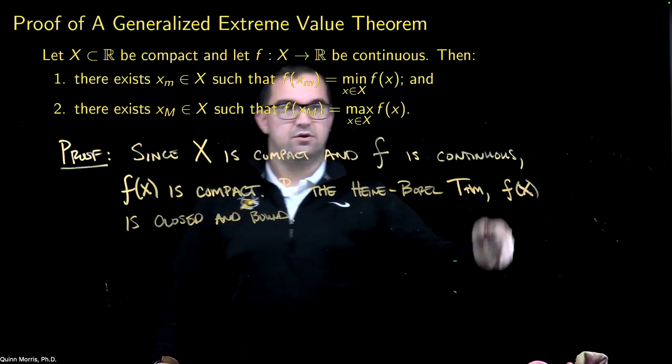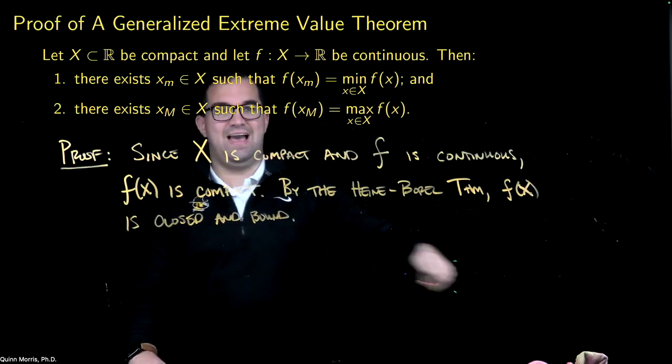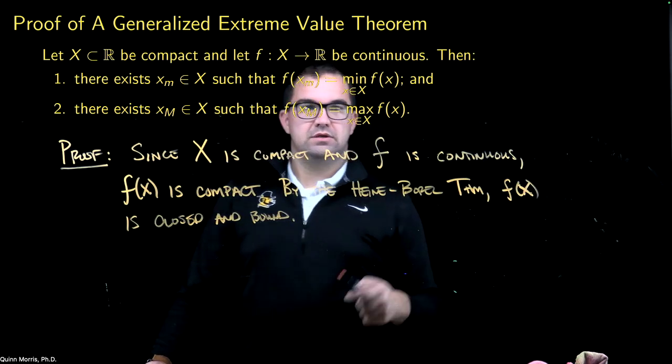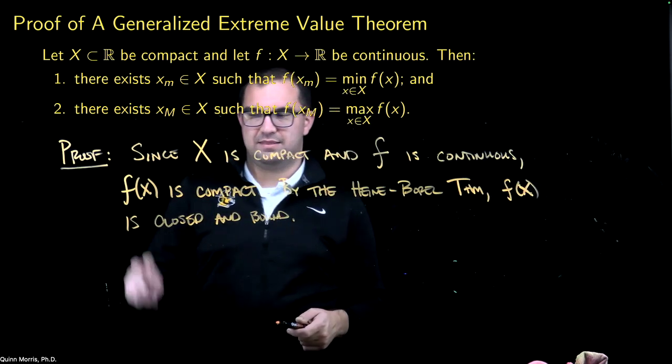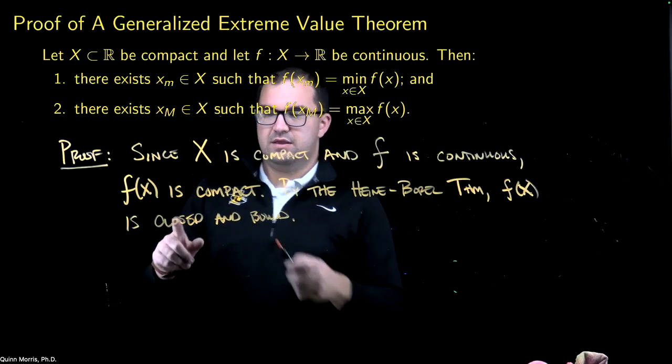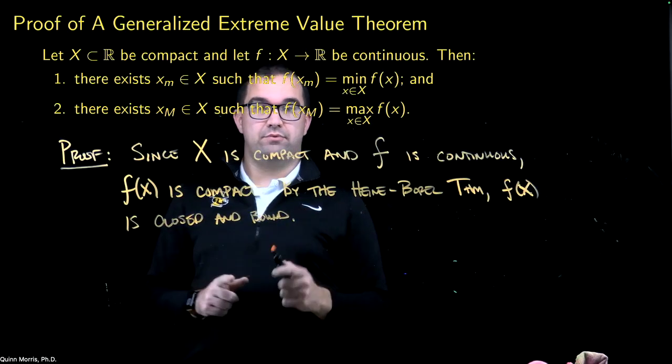Now notice, I just want to emphasize, we're talking about f of capital X. This is a set, the image of X under f. These are all the values you get by mapping things in X via f. That set is closed and bounded.